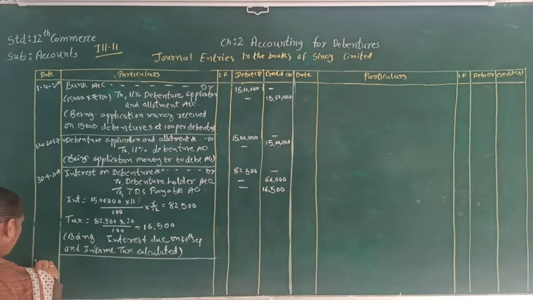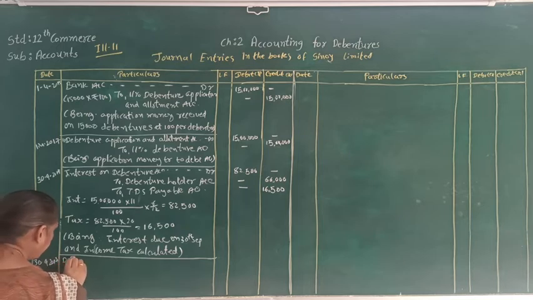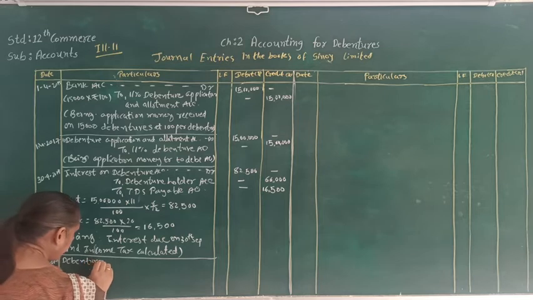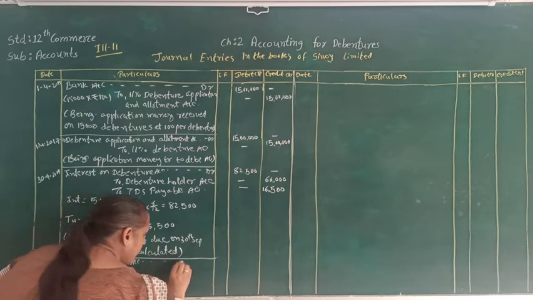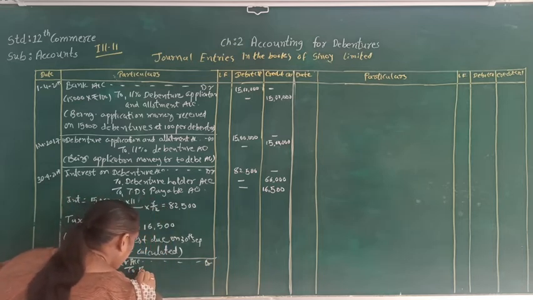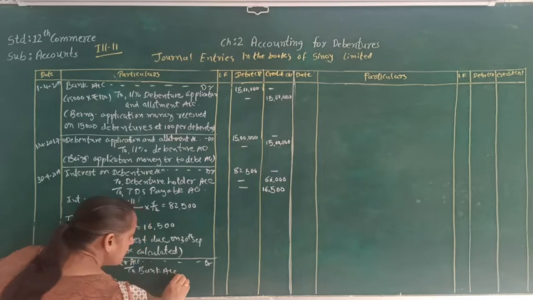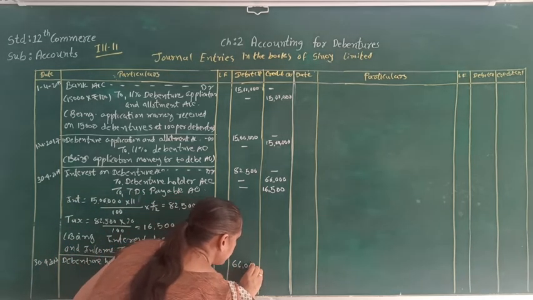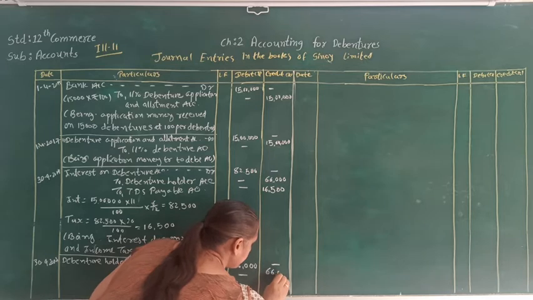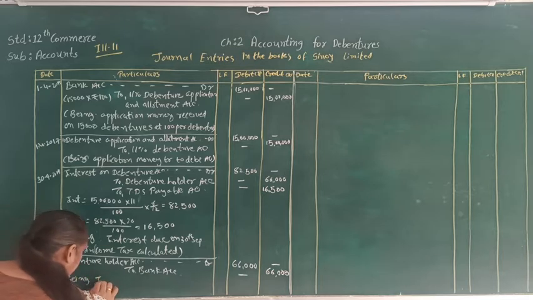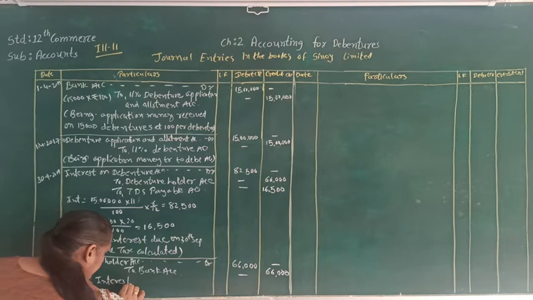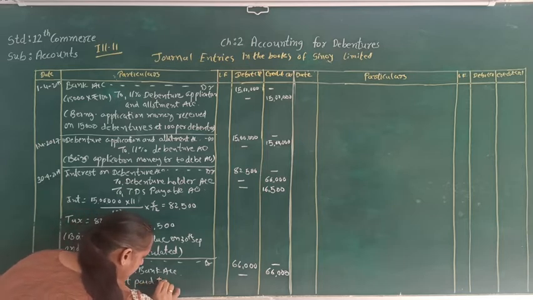On 30 September 2017, debenture holder account debit to bank, and the amount will be 66,000. Being interest paid to debenture holder.